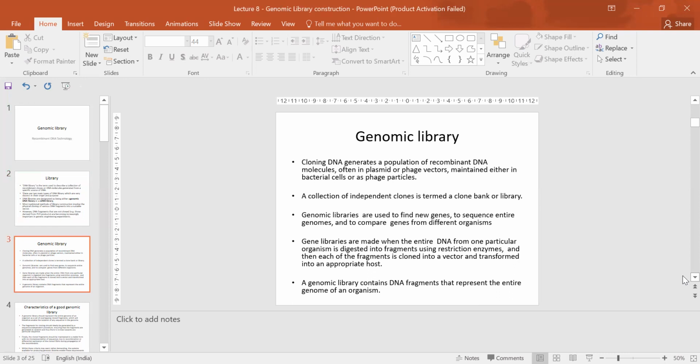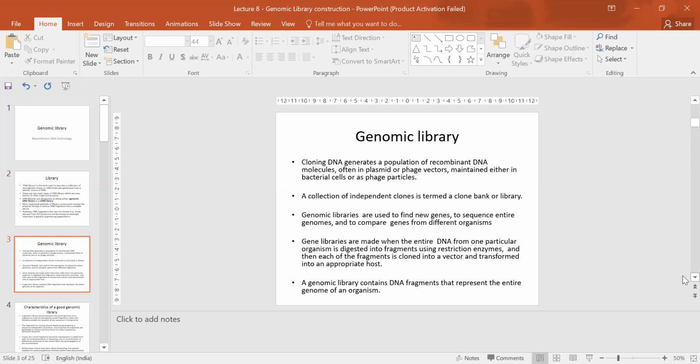Cloning genomic DNA generates a population of recombinant DNA molecules, often in a plasmid or a phage vector. As I mentioned in my class, there are different kinds of cloning vectors, but it is very important to understand under what condition which kind of vector one should use.